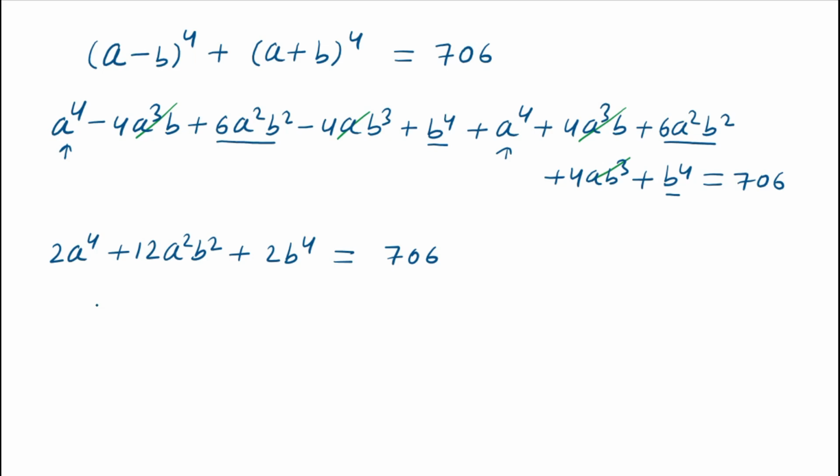706. On the left hand side 2 is a common factor, so if we take 2 common, then 2a^4 divided by 2 is a^4, 12a^2b^2 divided by 2 is 6a^2b^2, and 2b^4 divided by 2 is b^4, and this is equals to 706.